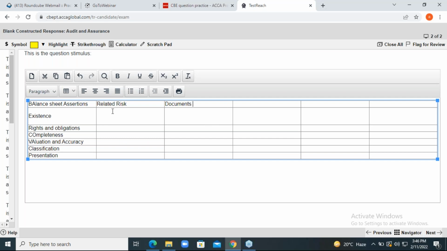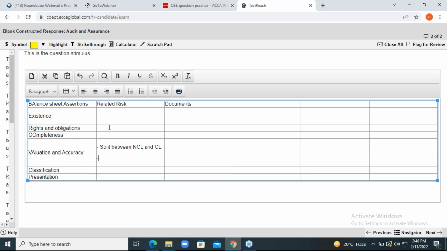So for the non-current liability or the loan that company has taken, the risk was the split between non-current liability and current liability. The second risk was calculation of finance cost.